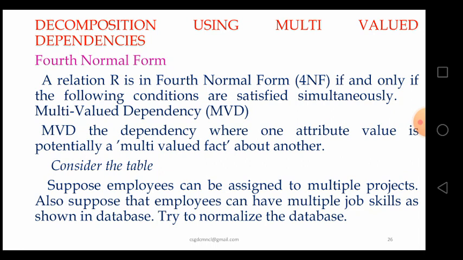A relation R is in fourth normal form (4NF) if and only if the following conditions are satisfied simultaneously. That is, multi-valued dependency (MVD).